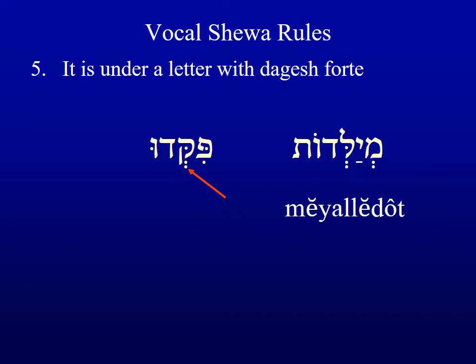In the second word, we're interested in this schwa. Here you see a Dagesh in the kof. Kof is not a begad kafat letter, so we again know this is a Dagesh forte, and therefore that the schwa is vocal. So this word would be pronounced pikadu. Pikadu.